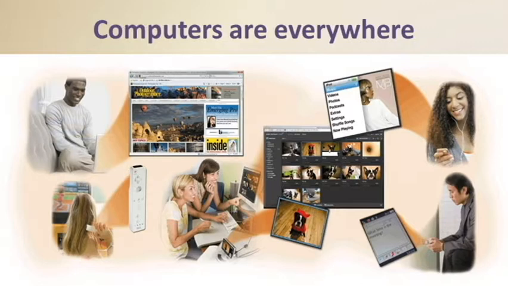All these are different forms of computers. When we define a computer as an electronic device which operates under the control of instructions in order to allow for input, processing, and output, all these different types of computers fit into that definition.